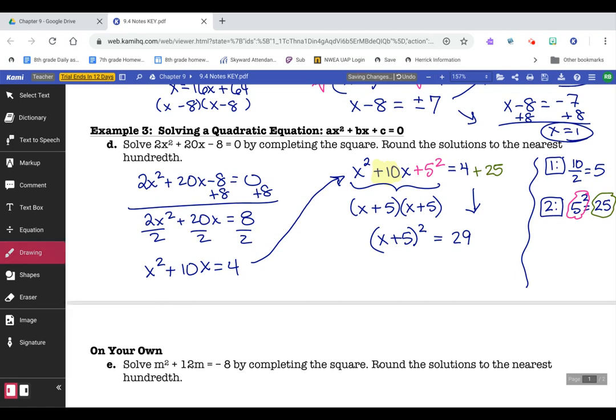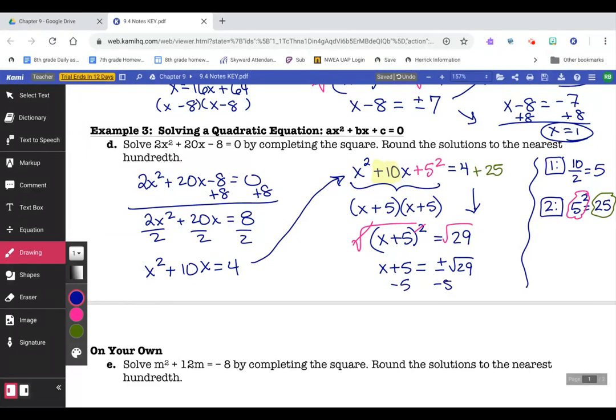To solve this, we're going to take the square root of both sides, and it'll be x plus 5 is equal to plus or minus the square root of 29. And in the directions, it said we are going to round to the nearest hundredth. So to solve for x, we're going to subtract 5 from both sides.